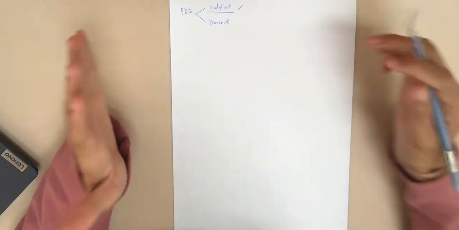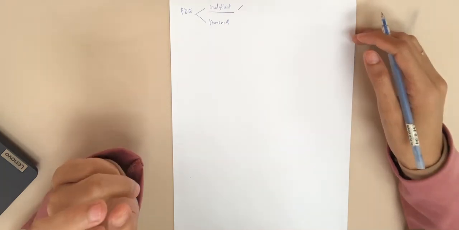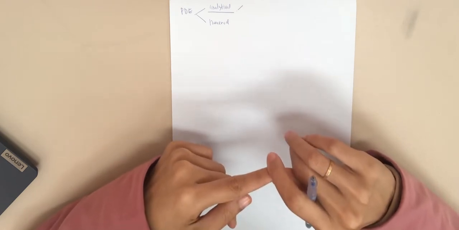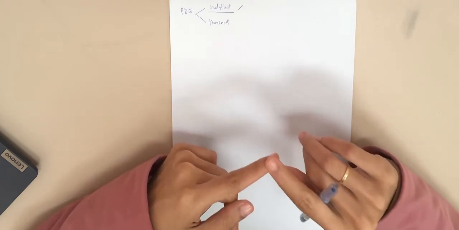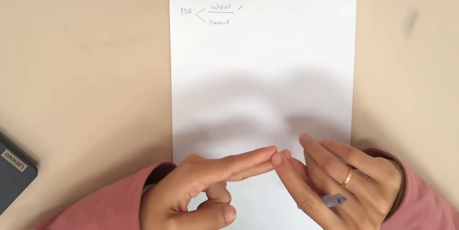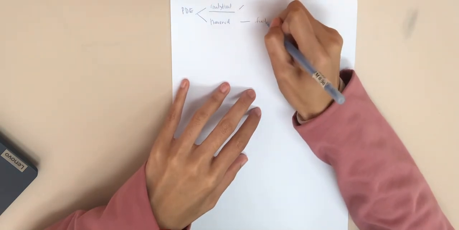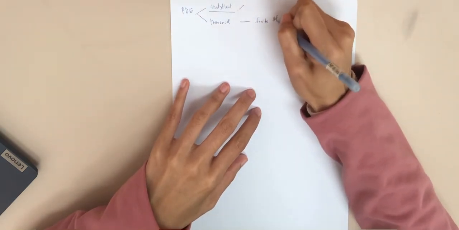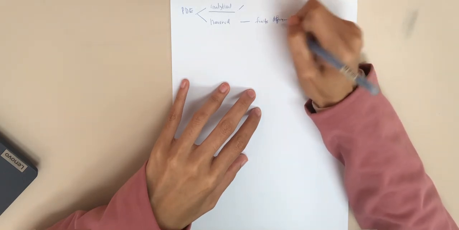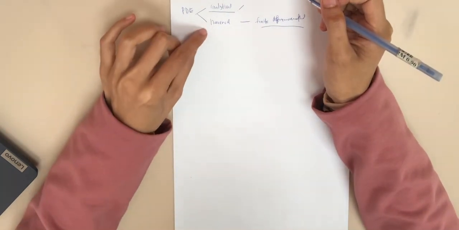So for this Chapter 5 PDE, you have two methods. The first one is the separable variable method, which is the analytical approach, and the second one is the finite difference method. The finite difference method is a numerical approach.